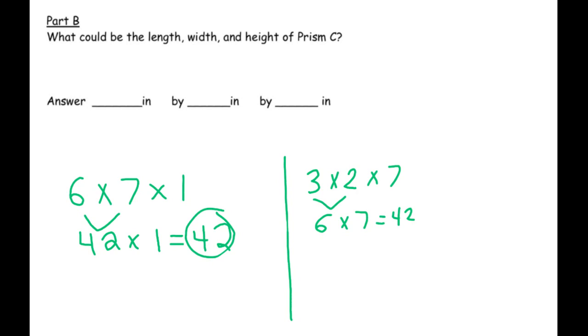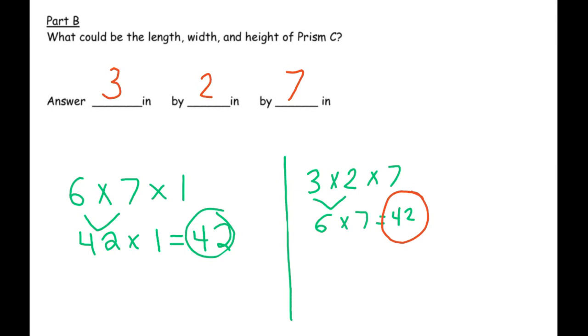We could put in different dimensions, just as long as the volume gives us 42. So I'm going to go with the length of 3, a width of 2, and a height of 7. So that could be my length, width, and height of prism C. And as we checked, it will give us a volume of 42 cubic inches.